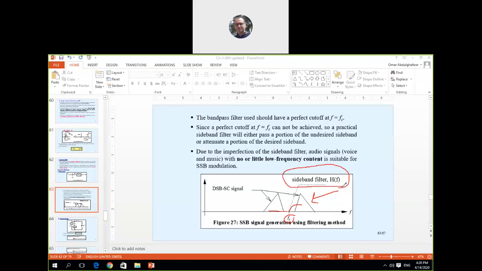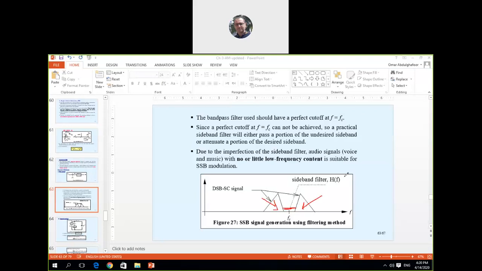That's why we have limited application for single sideband. The sideband filter is only realizable if we have some separation between the upper sideband and lower sideband.